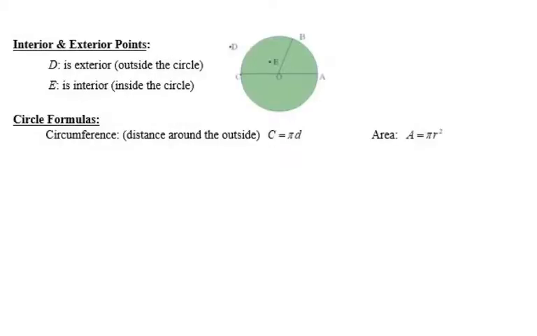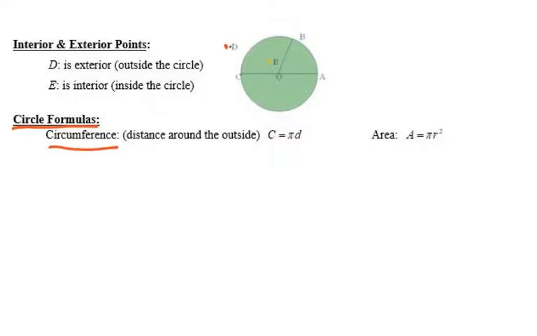Now, when we talk about points on a circle, we can talk about points that are going to be either inside the circle as an interior point like point E, or an exterior point like point D. This will become important when we start to talk about solving problems and we have segments or chords intersecting. Important formulas that we already know about circles. The first one's going to be our circumference formula.